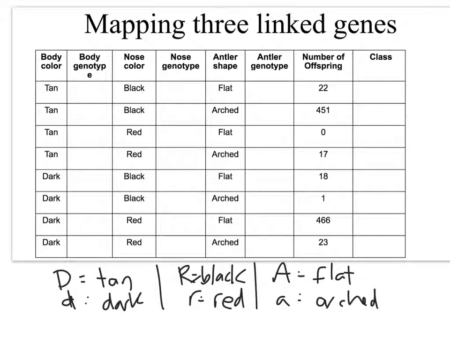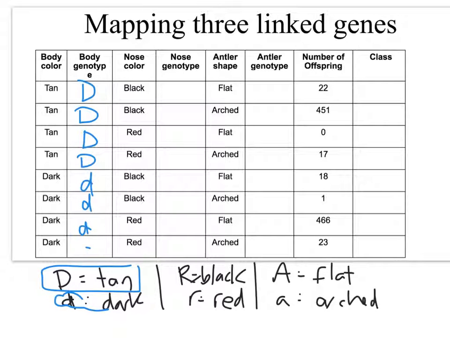If you see tan, write in the associated allele for tan. So in this case, we know that tan is represented by the dominant allele, so I'll just fill in tan in each of those scenarios. The lowercase allele for dark, fill that in, and you'd fill the chart in as appropriate for each of these.